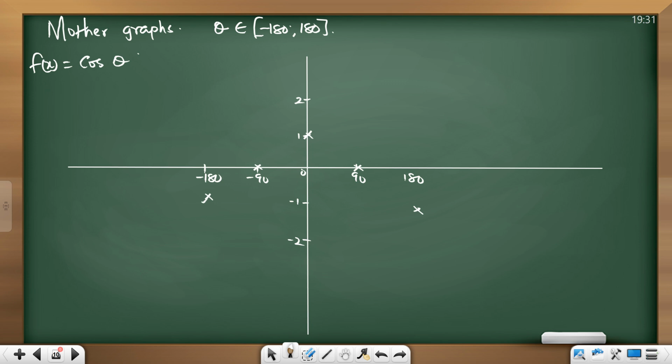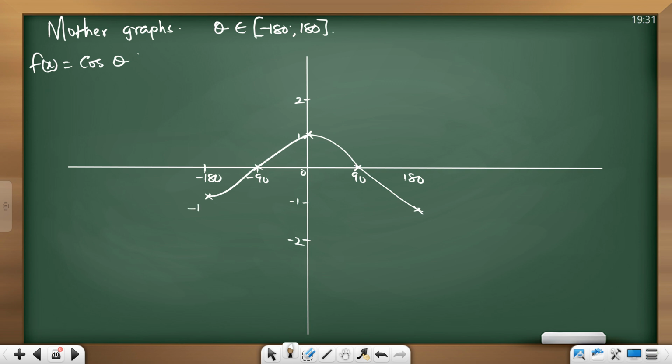So your graph looks like that, and then it turns right there. There we go. What are the important points?